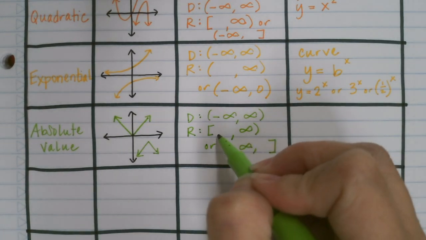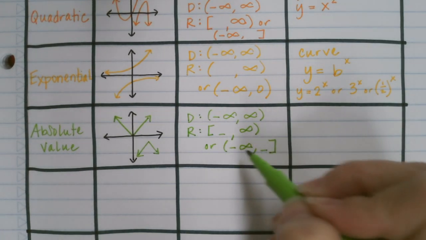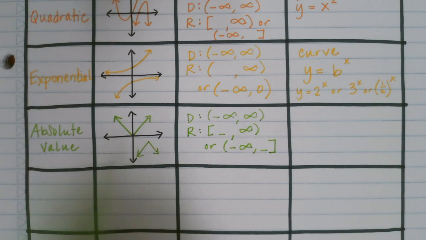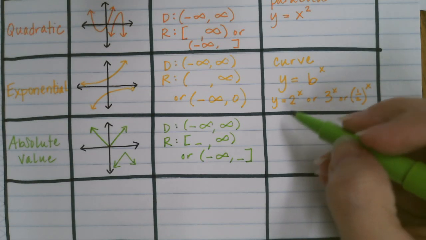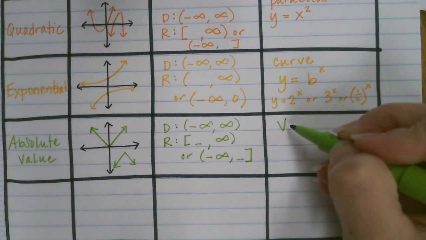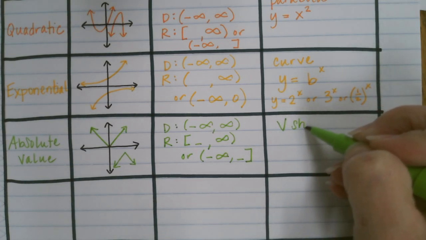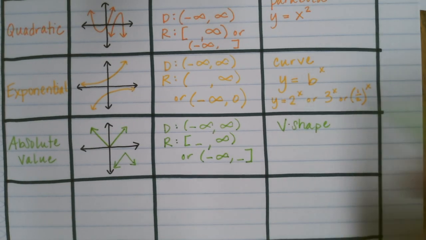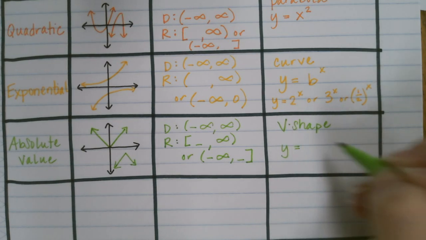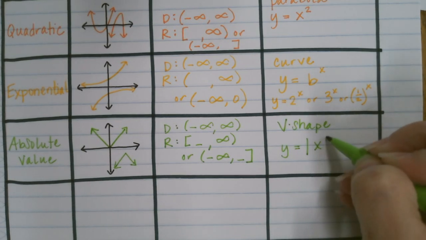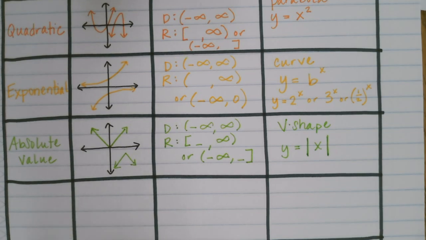And again, this would be a number right in here that just depends on where the location is. So an absolute value graph is more of a V-shaped. So I'm going to say V-shaped. And the equation would look something like that, where we have the absolute value bars with the x.